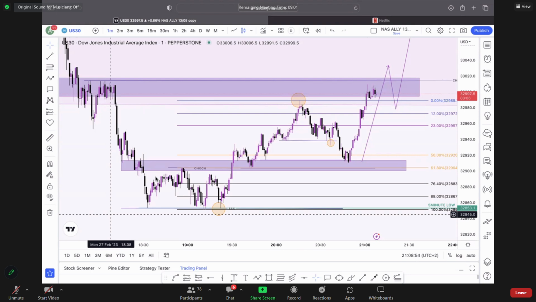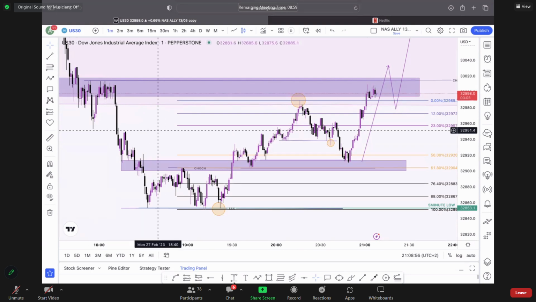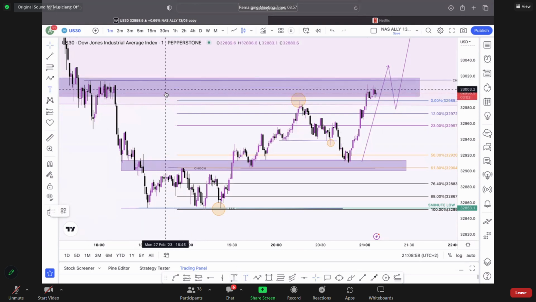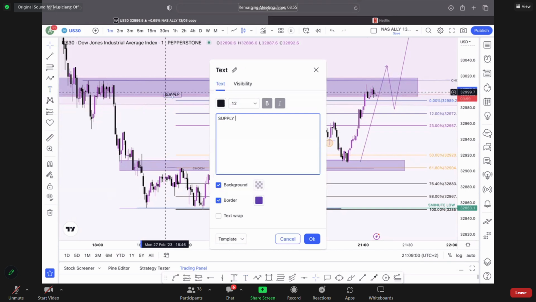Okay, so a supply zone, for example, this is a supply zone. Think about it like it's a product. If there is an oversupply, let's say you have 100 pairs of shoes that you've designed, and you've got this nice design that you like, but not everybody else likes it. So now all of a sudden you have an oversupply of product. What does that mean?